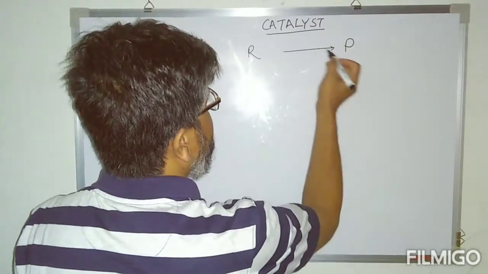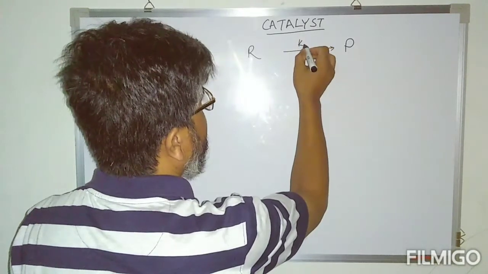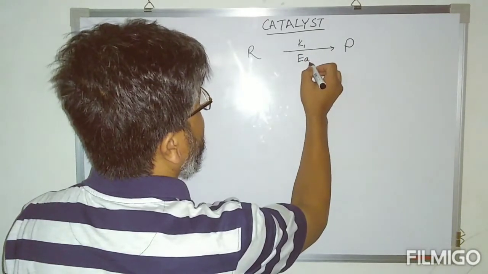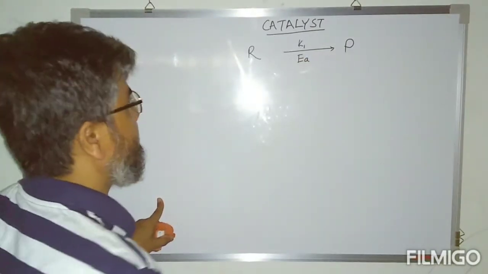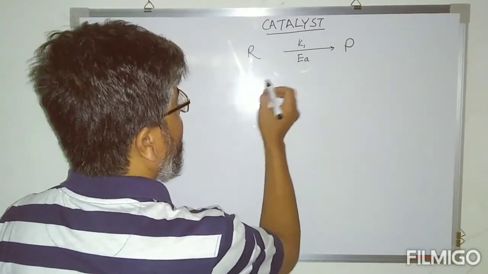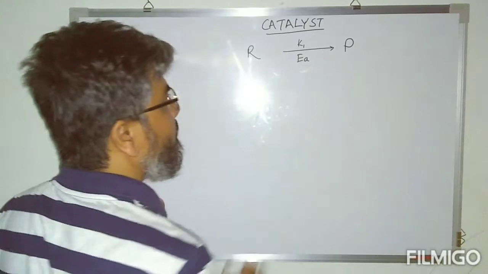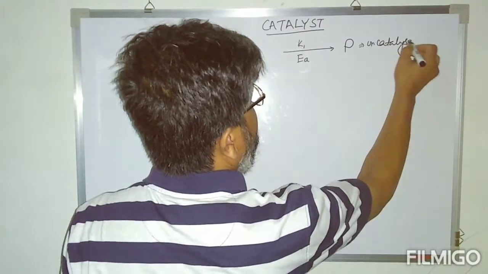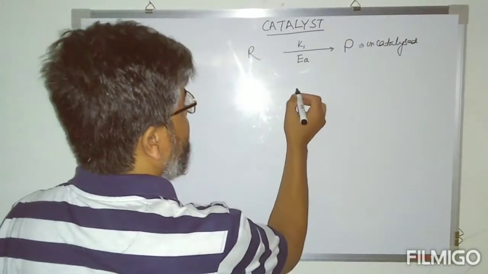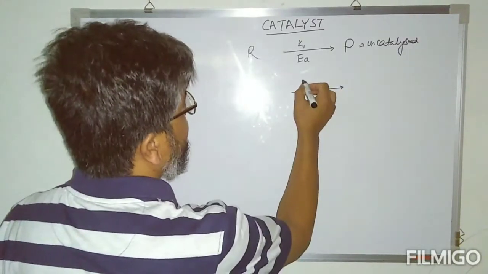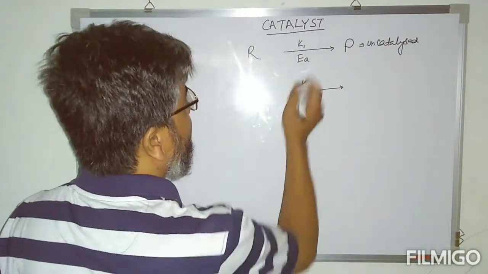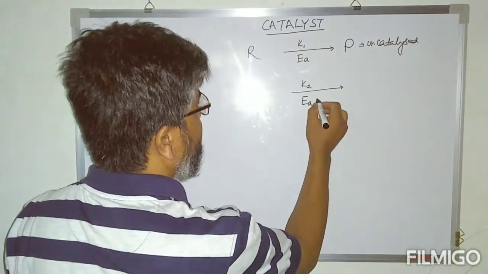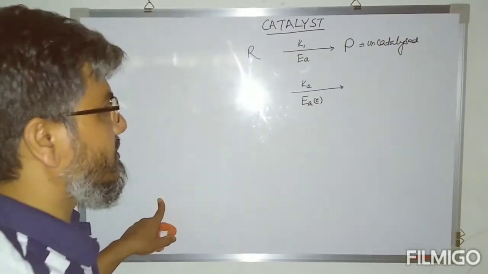In absence of catalyst, suppose the rate constant is K1 and its activation energy is EA. The same reaction is carried out in presence of catalyst. Suppose the rate constant is K2 and the activation energy of this reaction in presence of catalyst is EAC, where C stands for catalyst.